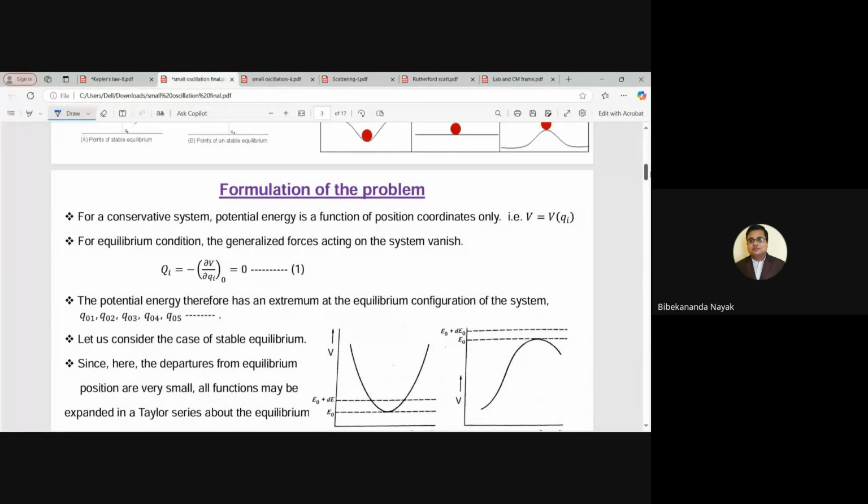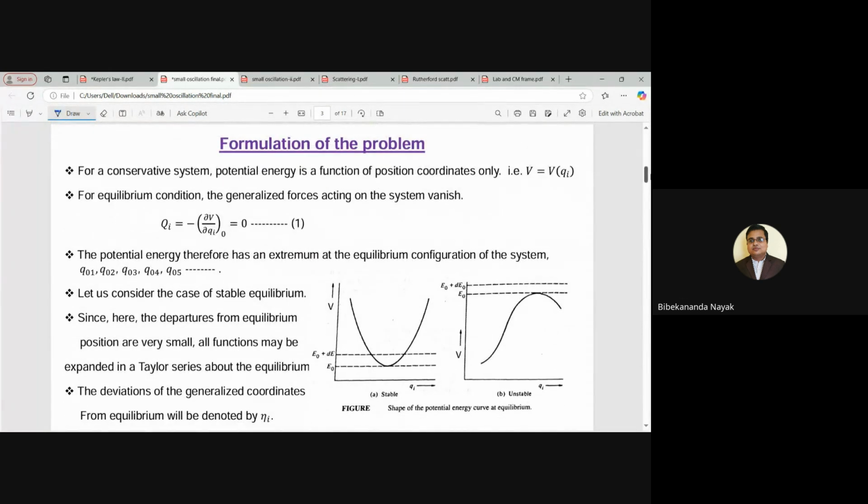Now the formulation of our small oscillation problem. For a conservative system, for simplicity, let's say V is a function of position coordinates only. Then the generalized force is the negative gradient of potential. Zero refers to equilibrium points, and at an equilibrium point the force is 0.